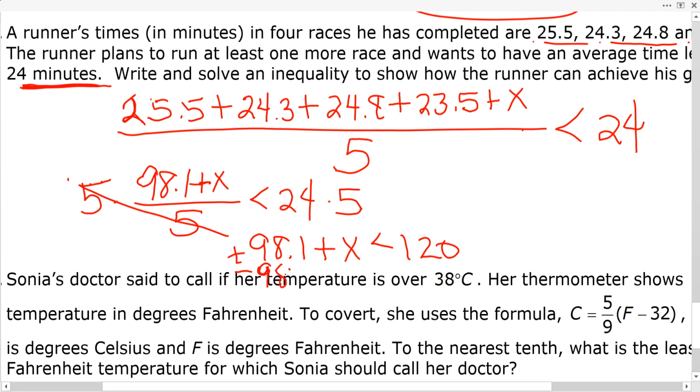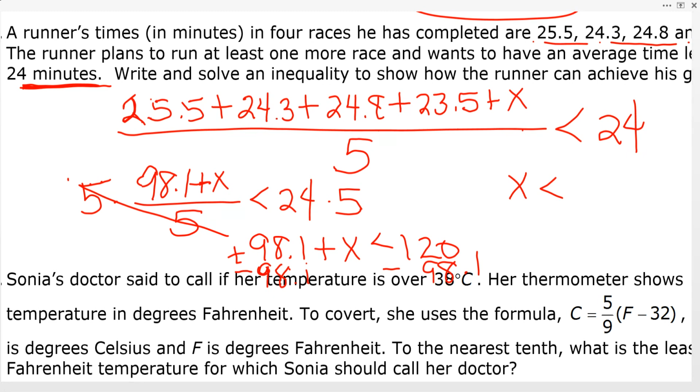Subtract 98.1 from both sides, and I end up with x less than 120 minus 98.1, which is 21.9. So the last day's time is going to have to be less than 21.9 minutes for the average to end up being less than 24.